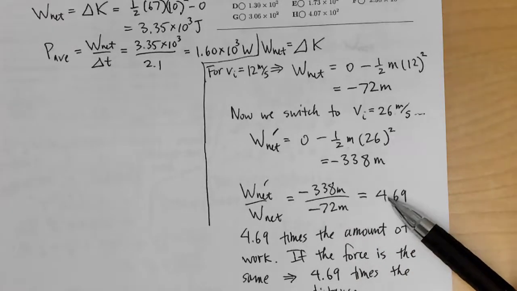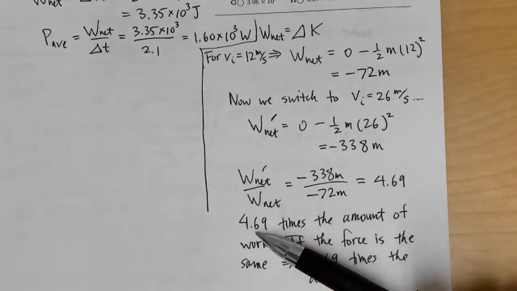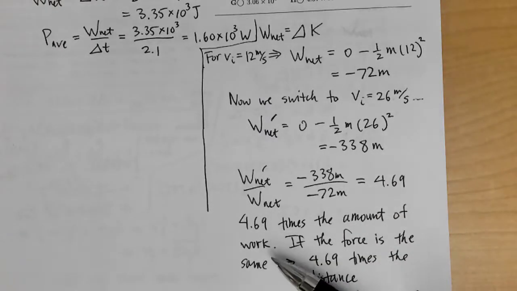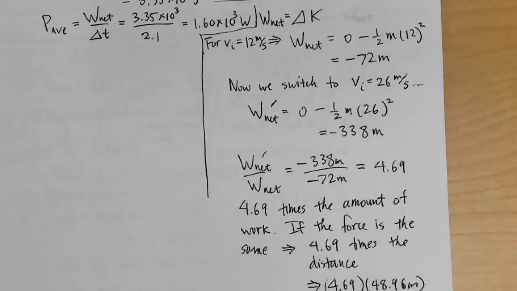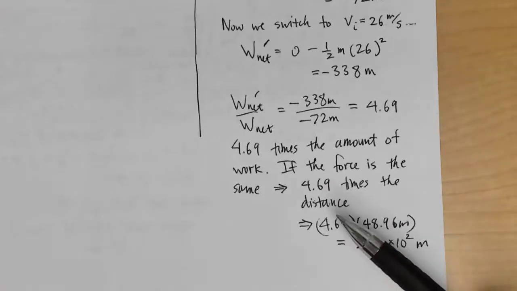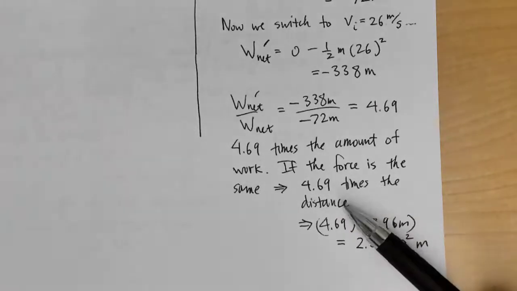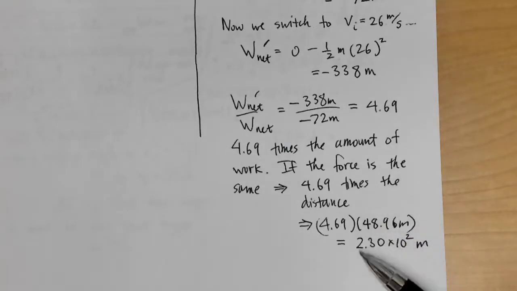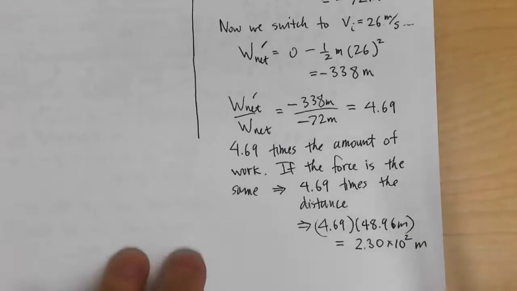That's 4.69. So it's 4.69 times the amount of work. Now, if the force is the same, then because work is force times distance, we need 4.69 times the distance. So 4.69 times the original distance, 48.96, comes to 2.30 times 10 to the 2 meters.